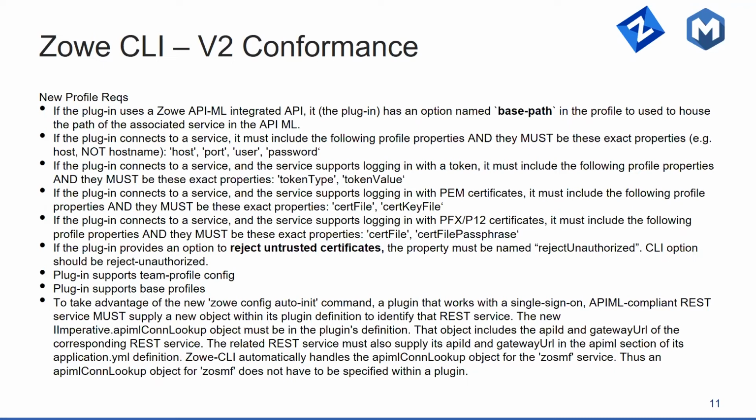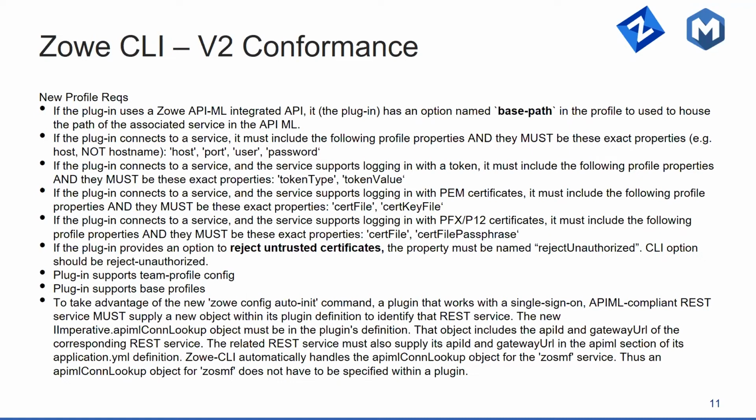We want to standardize on base path. This is important for a couple of reasons. One, base path is going to be automatically filled out if they're using the automatic team config. Two, I want to use base path for consistency so that all plugins are using the same terminology.